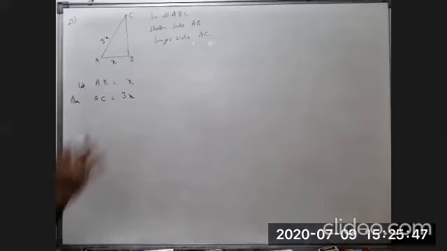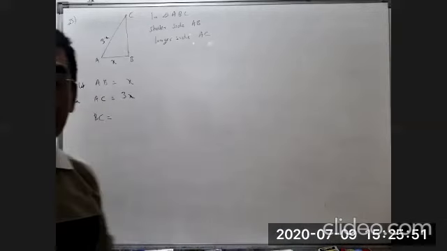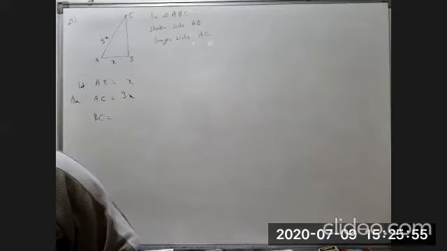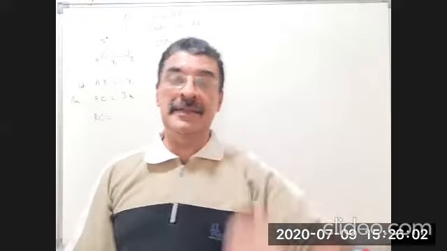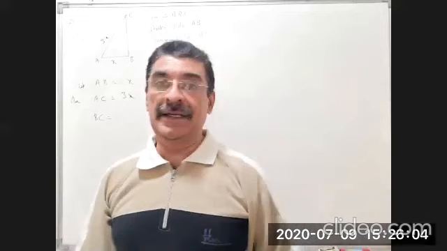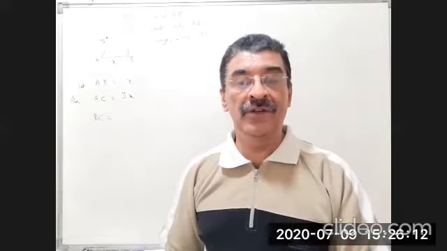Now the third side is BC. The third side is 2 centimeters less than the longer side. The longer side AC is 3x, so 2 centimeters less than 3x. How do you write this algebraically?